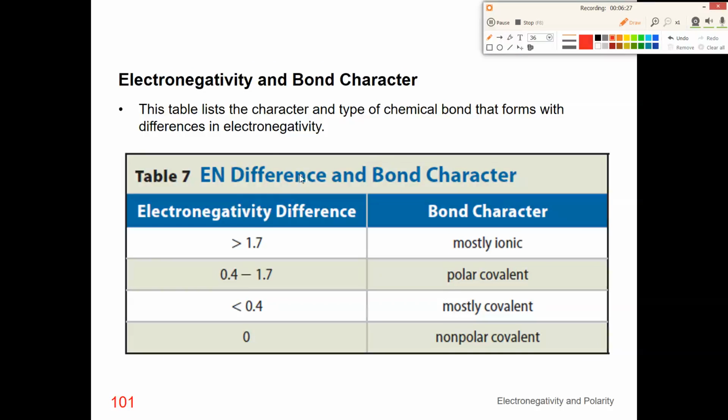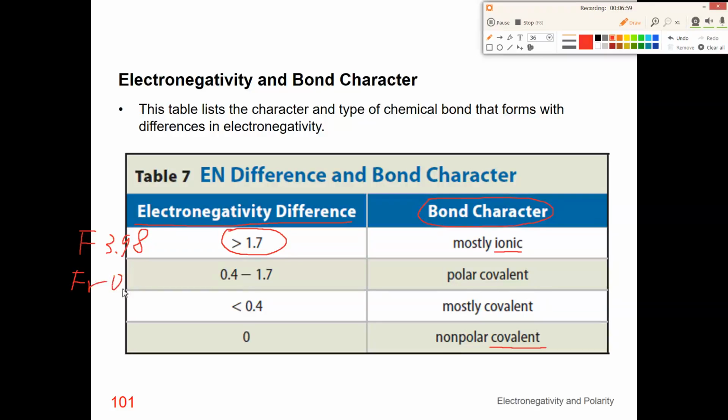Right, then we can compare the electronegativity difference to figure out the bond character. Basically, how much the bond is closer to ionic or closer to covalent. Remember on the previous slide we talked about the electronegativity numbers. You just compare the two. Fluorine is 3.98.